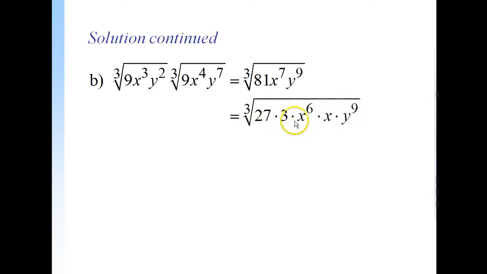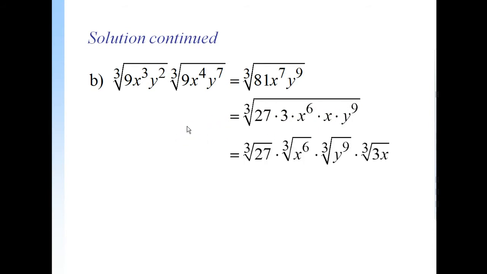These are perfect cubes, and then what is left over is what we did. So perfect cube, perfect cube, perfect cube, and what's left over. Again, slightly different technique. The answer comes out the same. And that wraps up this section.